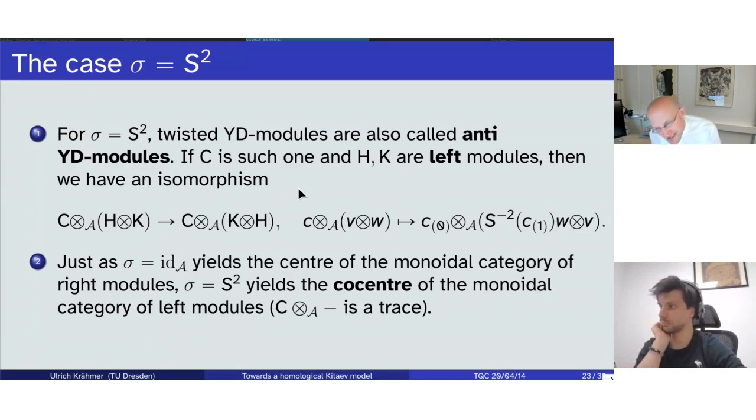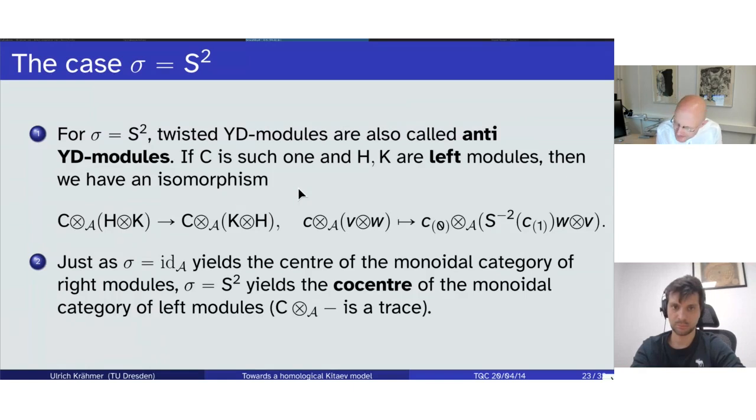So they looked at something which has nothing to do at first sight with what we are talking about here, namely Hopf-cyclic homology. I will maybe say a few words about that at the end. And they found that such anti-Jeter-Greenfeld modules feature as coefficients in Hopf-cyclic homology.